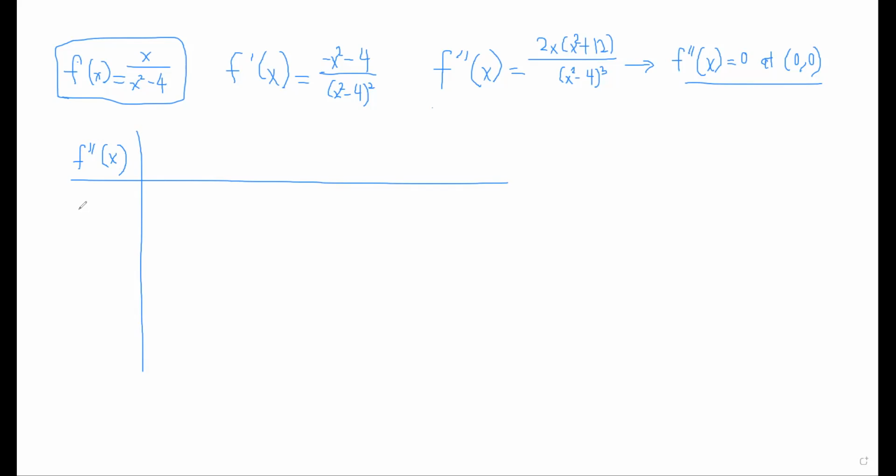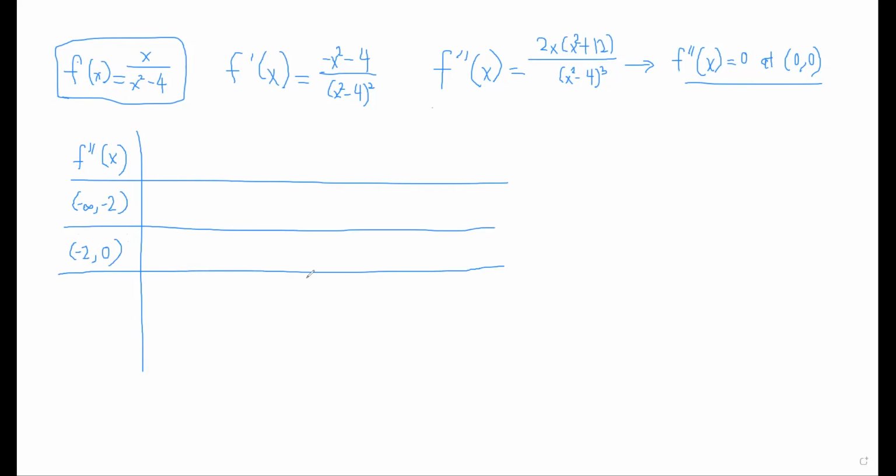So the domain, okay, from negative infinity to -2, because that's where an asymptote is. From -2 to 0. From 0 to 2.